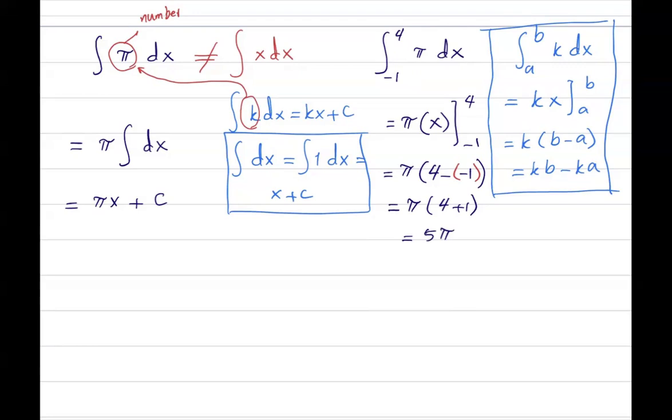To differentiate between these two types of integrals, the definite integral has a final answer which is a number. For the indefinite integral, you end up with a variable like x: pi x plus the constant of integration c.